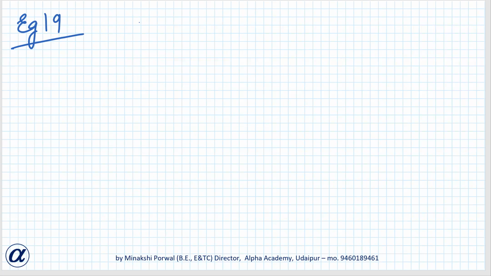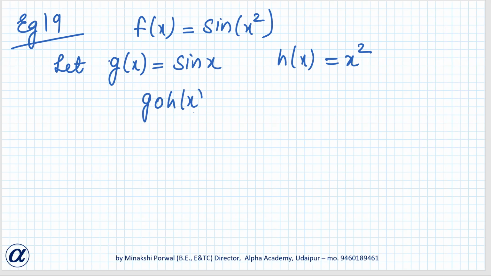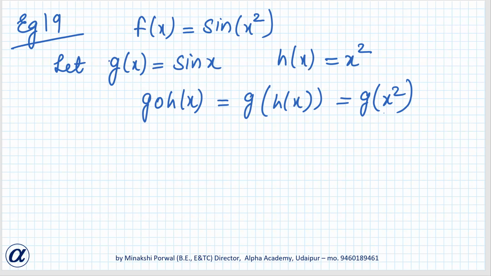they are saying that if f(x) is sine of x square, we have to show that this is a continuous function. So if I say let g(x) equals sin x and h(x) equals x square, then g of h(x) will be equal to g of x square. Now g(x) is sin x, so g of x square will be sin of x square.